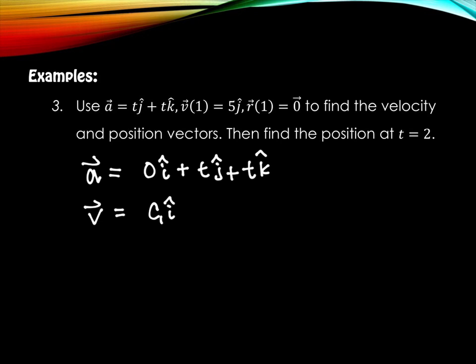So when you have 0 and you take its antiderivative, you get back some kind of constant. Now, what about the middle one, tj? That's t squared over 2 plus some C2 value, right? j. And then same thing for k: t squared over 2 plus C3 k.